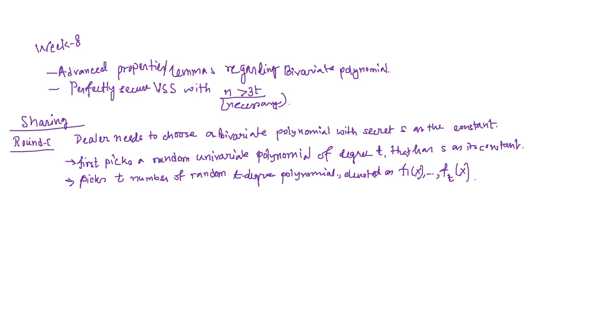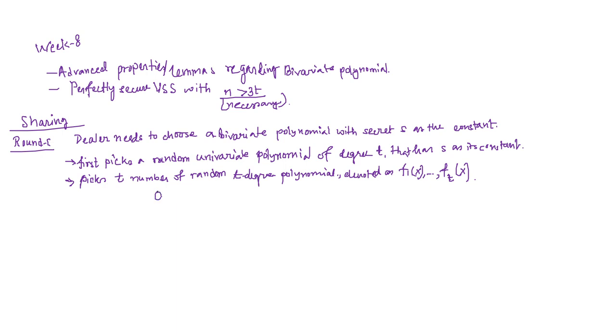So you can look at it as: to get a unique bivariate polynomial we need t plus 1 univariate polynomials evaluated at t plus 1 distinct points.